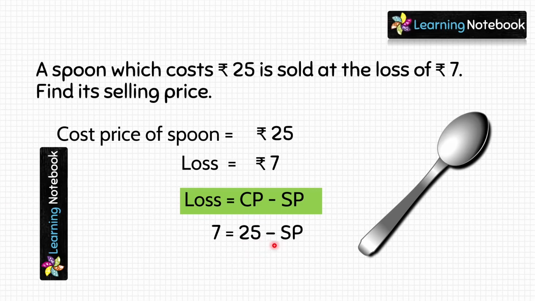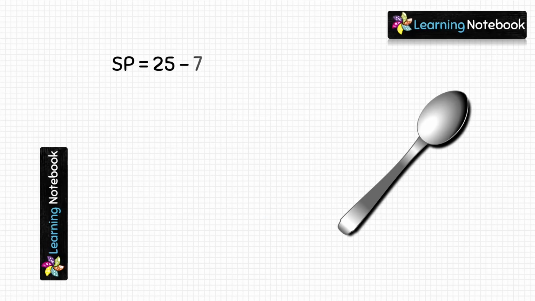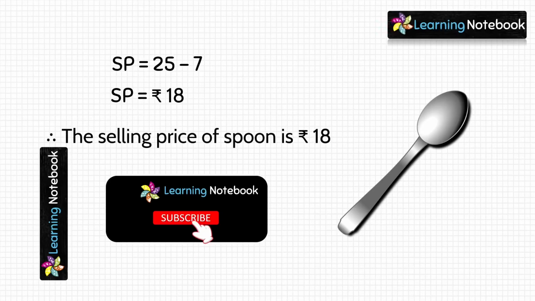Now students, let's shift SP to the left hand side and 7 to the right hand side. So we get SP equals to 25 minus 7, which is equals to 18. So selling price of this spoon is rupees 18.